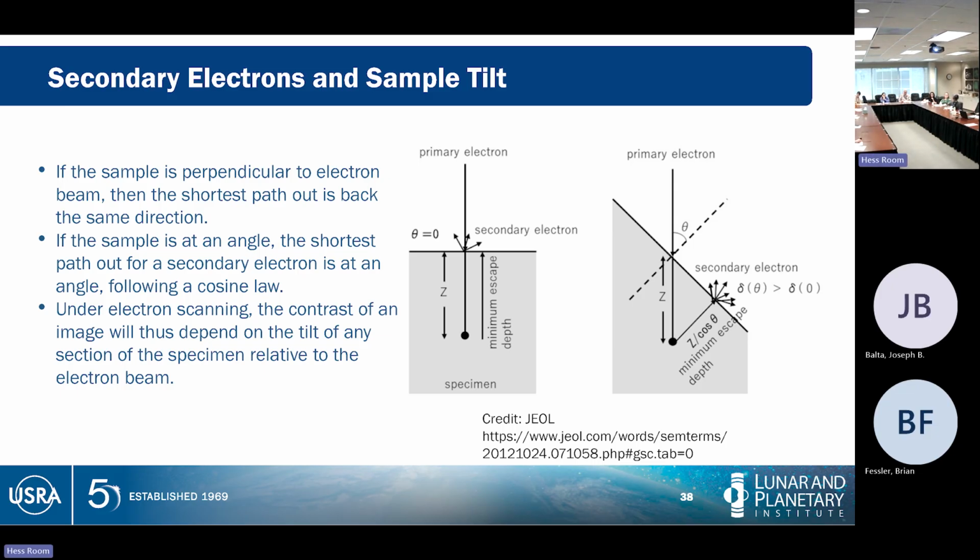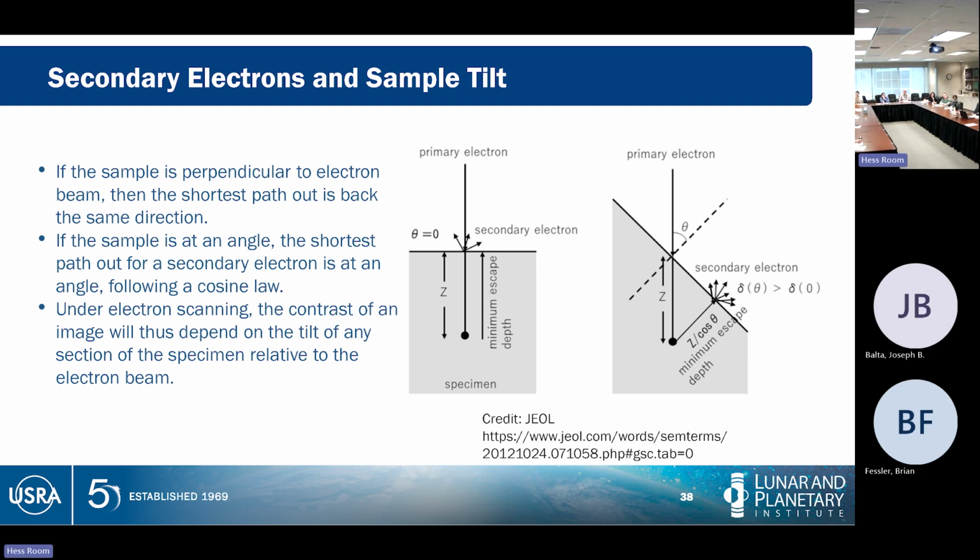When you have a rough sample in secondary electrons, we see a different effect from backscatter. In secondary electron generation, the electrons head out in all directions. Okay? If they're heading into the sample, then they head out in whatever direction is shortest.